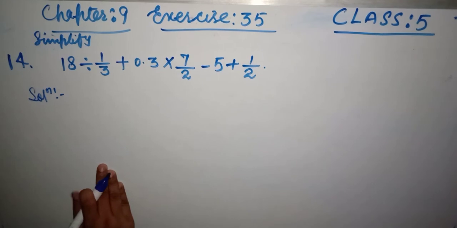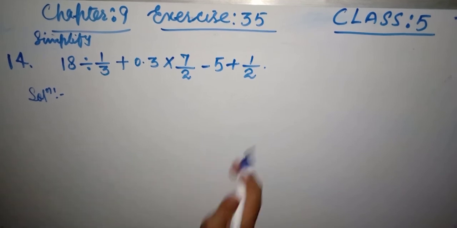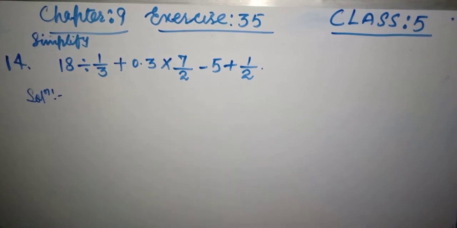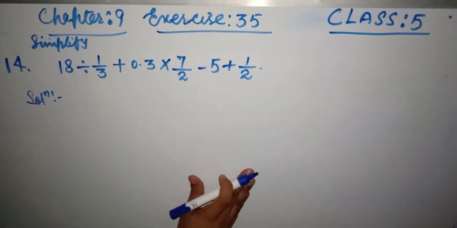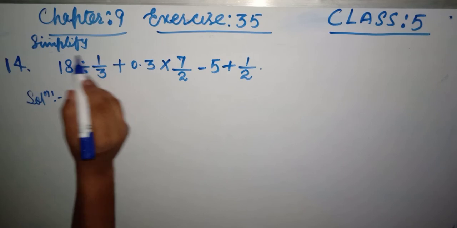Now see, friends, question number 14. Simplify: 8 divided by 1 by 3 plus 0.3 multiplied by 7 by 2 minus 5 plus 1 by 2. Okay friends, now see, first we have to solve this.